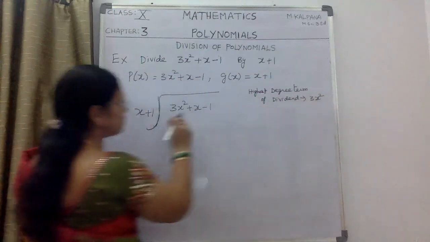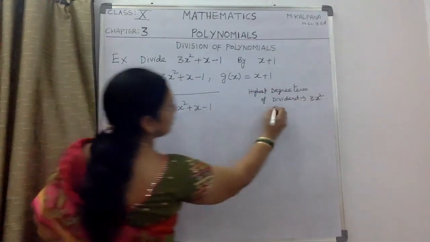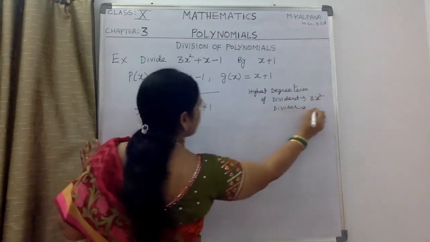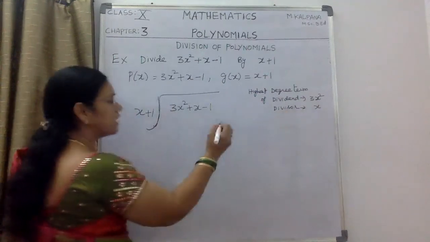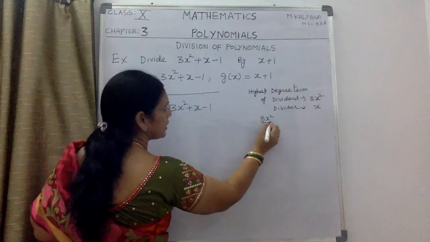Then what about the divisor? What is the highest degree term of the divisor? It is x. So what we have to do is divide 3x square by x.